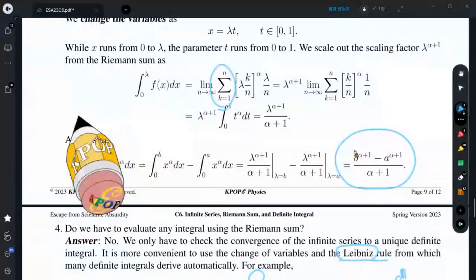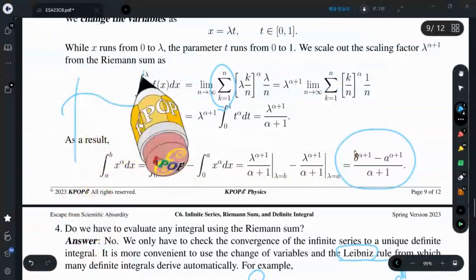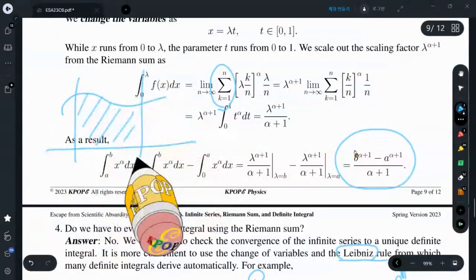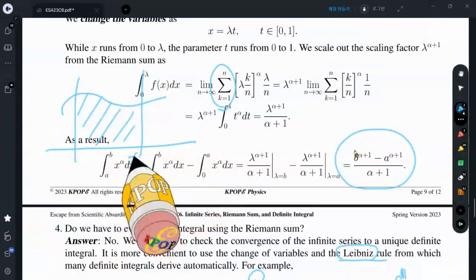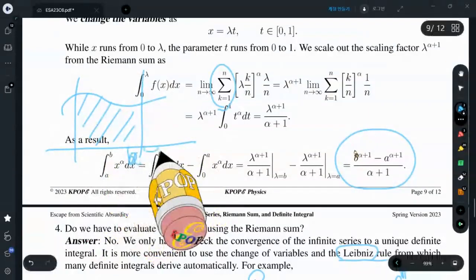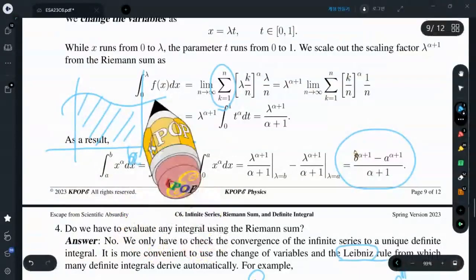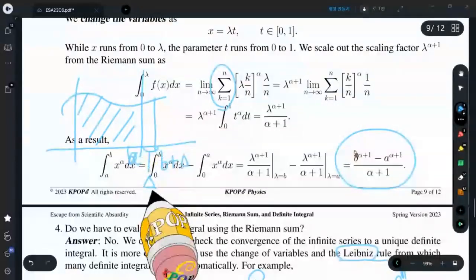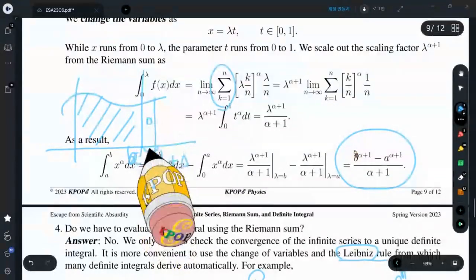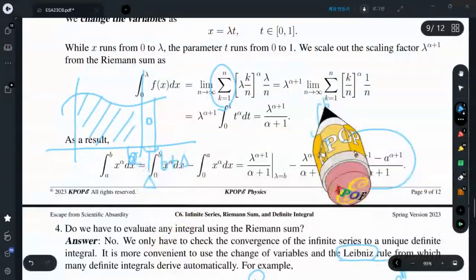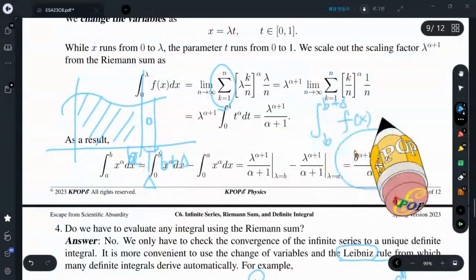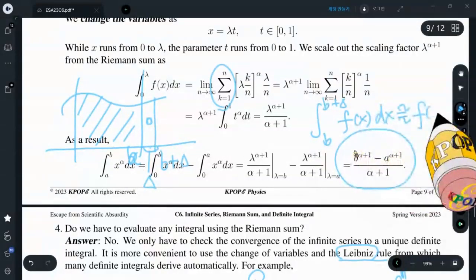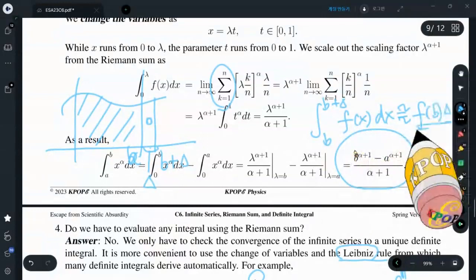The reason is that there's a function, and if you increase the upper limit b by a tiny piece, b plus delta, and the delta becomes very tiny, what you have obtained additionally is the integral from b to b plus delta of f of x dx. Approximately, this value should be f of b multiplied by delta.